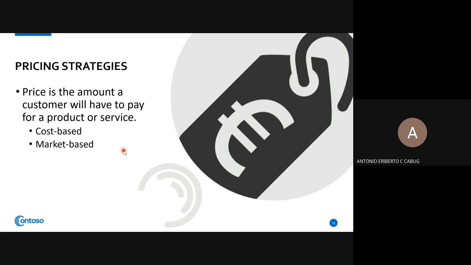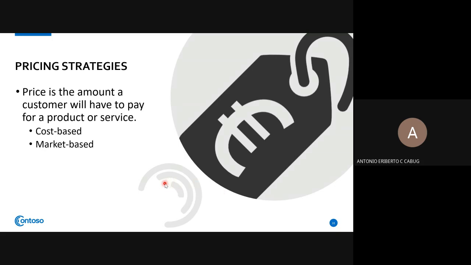So if you are selling gold, precious metals, agricultural produce, and the like, anything that's fungible or standardized, you have no choice in setting prices. You really have to let the market decide on what the price should be. Market-based approach. Those are the two general ways to arrive at the price.